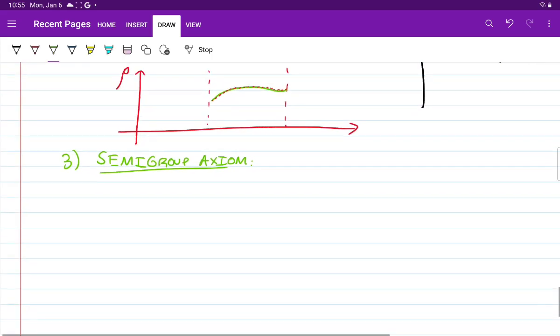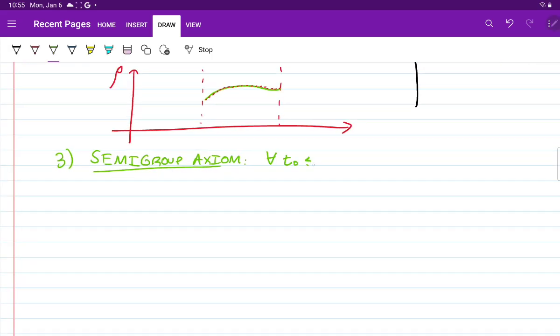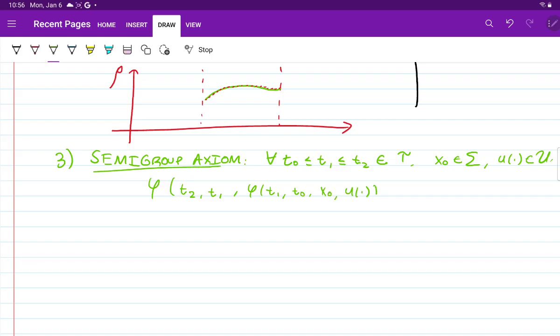What this says is that for all times t0 less than or equal to t1 less than or equal to t2 belonging to my time set T, all initial conditions x0 in my state space and all input signals u in my input signal space, curly U, I have phi of t2, t1, phi of t1, t0, x0, u, u is going to be the same thing as phi of t2, t0, x0, and u.